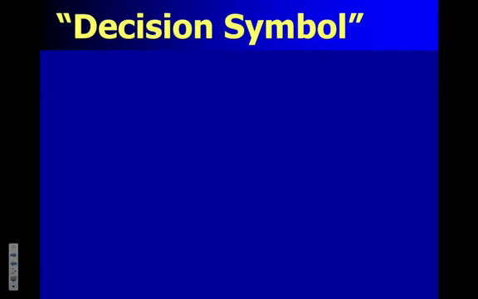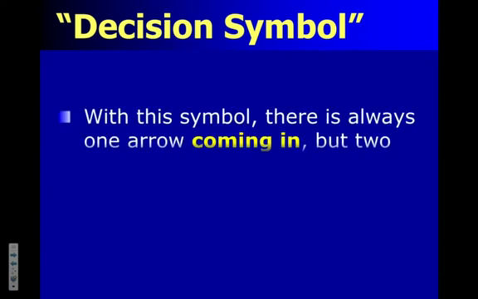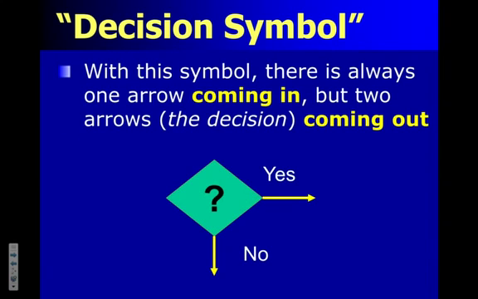Let's try another one. Before we do, let's talk about the decision symbol. This symbol is designed to always be drawn this way. One arrow in, two arrows out. You might be tempted to draw this symbol differently. Say you had a flowchart that said, pick your favorite color, and it went down to a decision symbol.